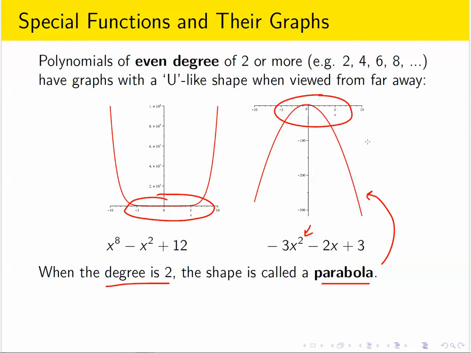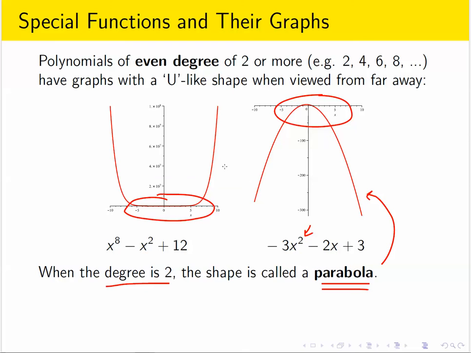If you've ever heard of a parabolic dish, for example, in a telescope mirror or a sound amplification system, the parabolic dish has a certain curvature that corresponds to the shape of a quadratic. And if you used something shaped more like x to the 8th or x to the 6th, it wouldn't work right in a telescope. So the term parabola specifically refers only to the shape you get when you have degree 2.